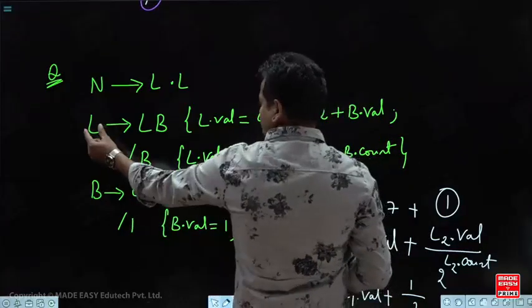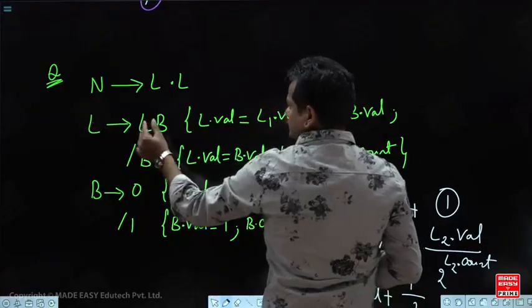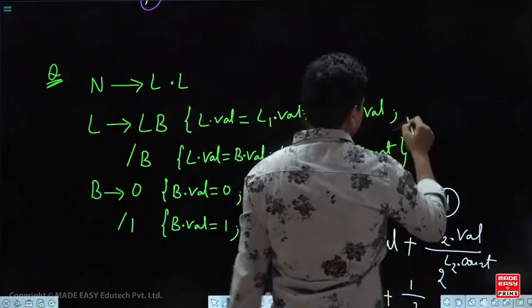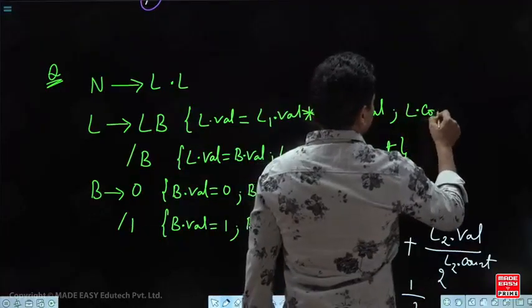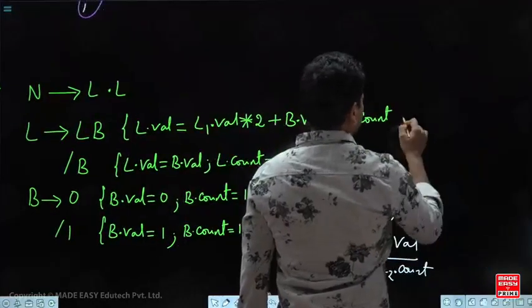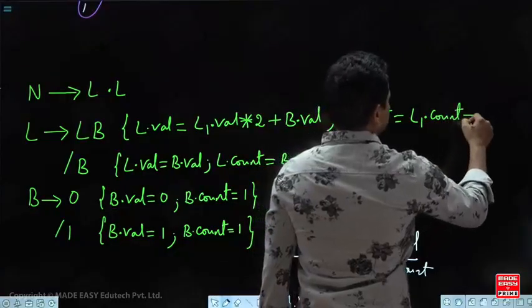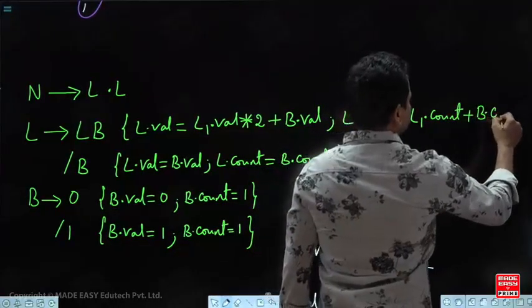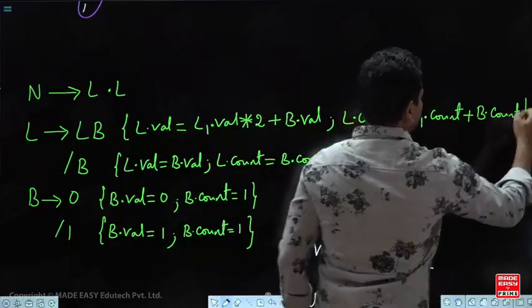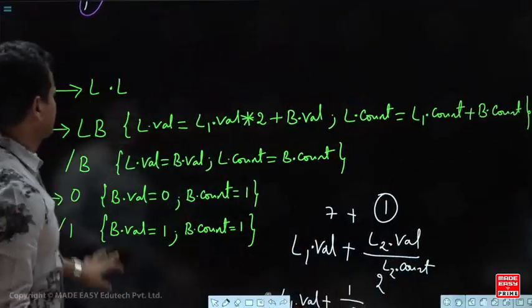I want the count of this one too. How do you get the count? This count plus this count, that's it. L dot count equals L1 dot count plus B dot count, simple.